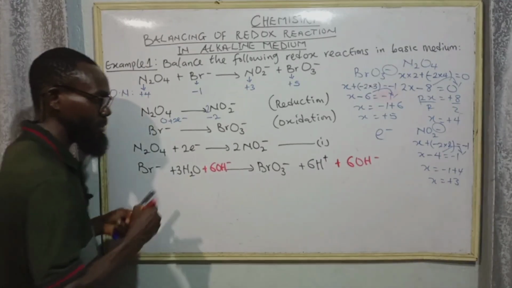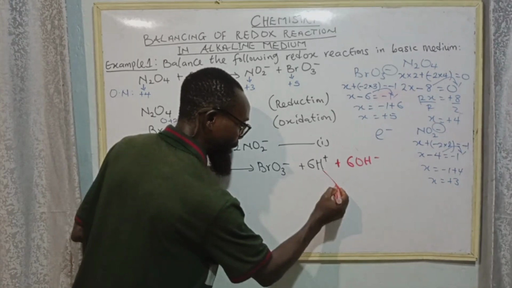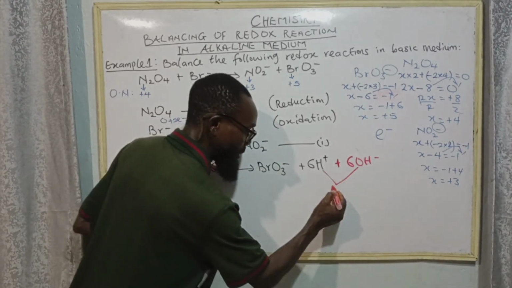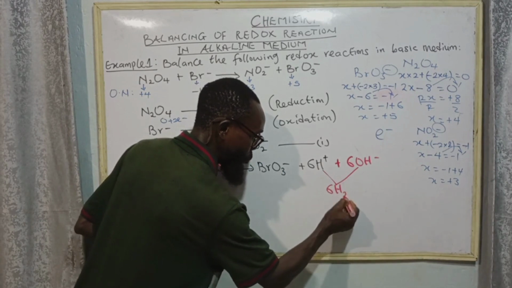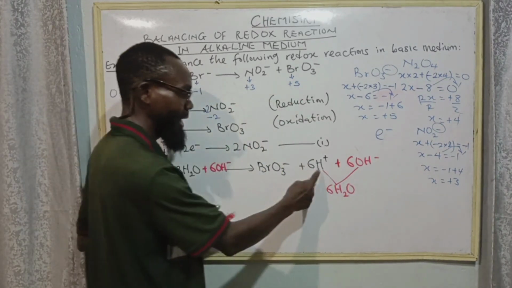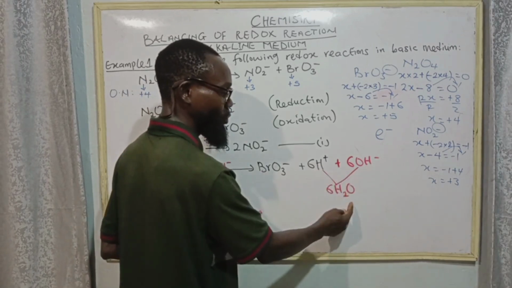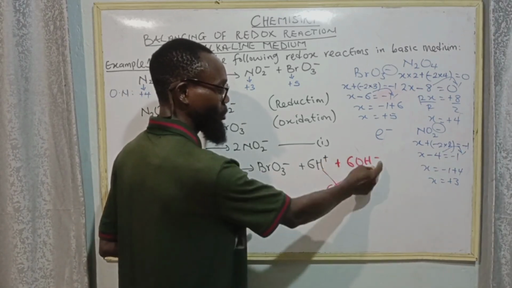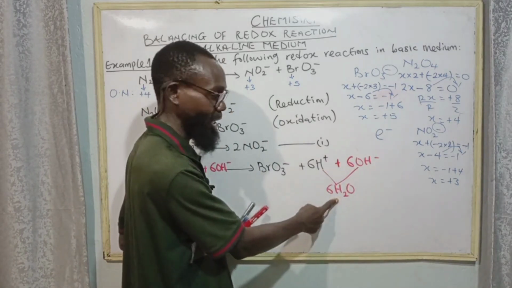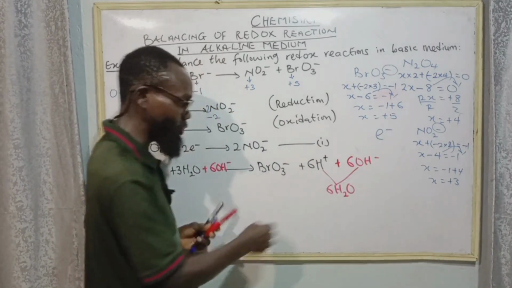Now, 6H plus combined with 6 OH minus to form 6H2O. I have changed this to water. The water is hydrogen and hydrogen, that's H2, then O. Plus 1 minus 1 gives 0, so it's going to be neutral. So H2 has become neutral.